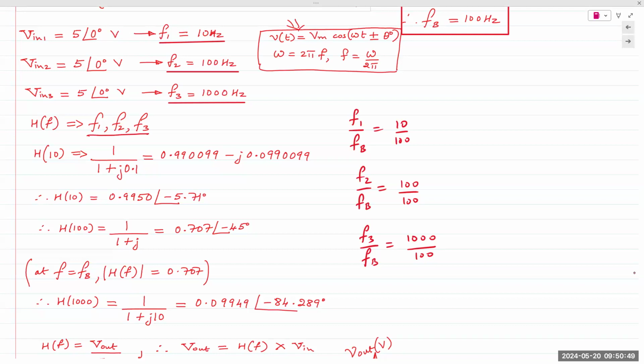If you're solving this manually, then I would convert 1 plus j0.1 into polar form, with a magnitude and a phase angle. That's how I solved it.